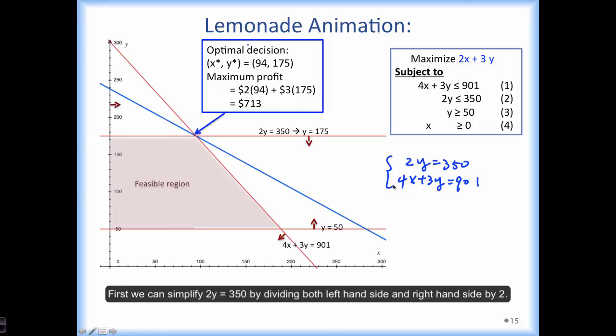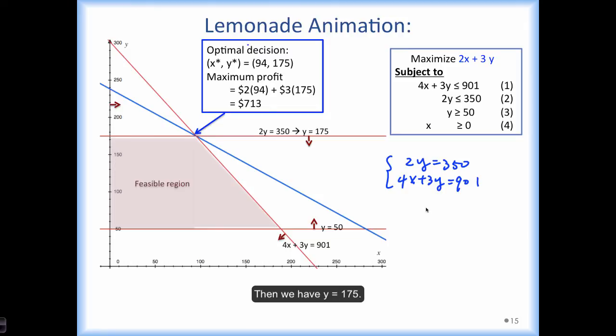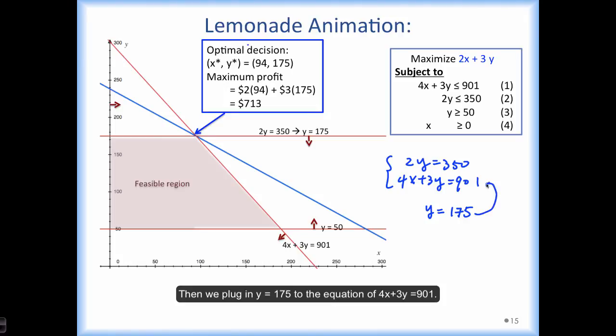First, we can simplify 2y equal to 350 by dividing both the left-hand side and the right-hand side by 2. And we have y equal to 175. Then, we plug y equal to 175 into the equation 4x plus 3y equal to 901.